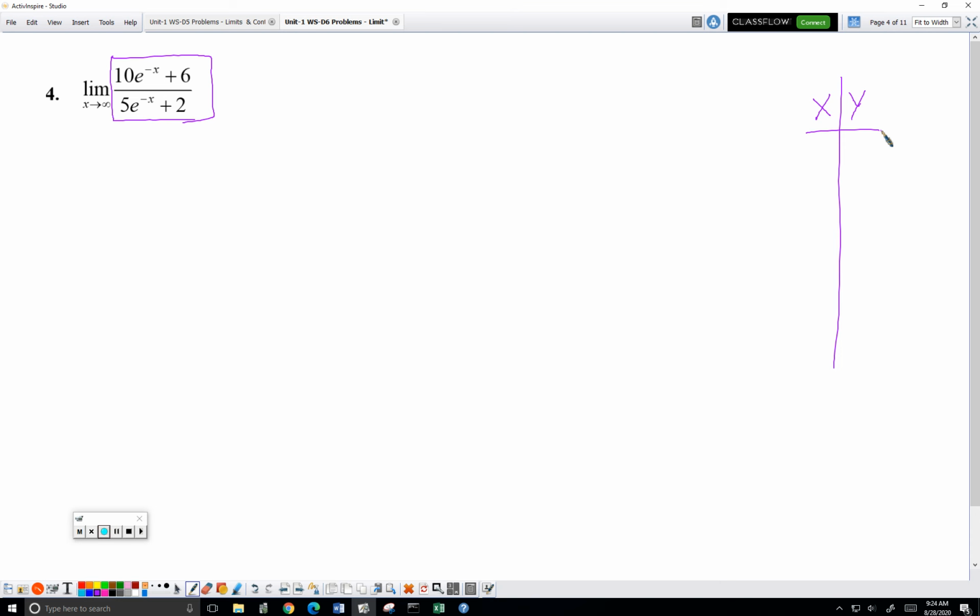Now, it says limit as x approaches infinity. What that means is we don't have a specific x we're thinking about. We're thinking of a pattern. Something like this. x is growing, and x grows forever. And we want to figure out what y does. That's what the question is asking.